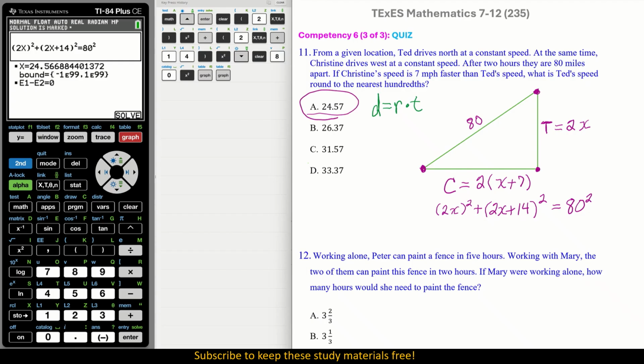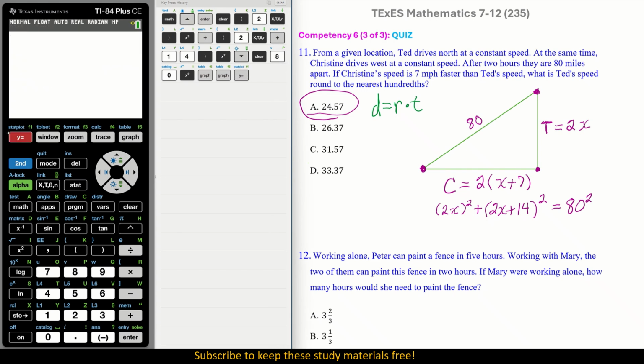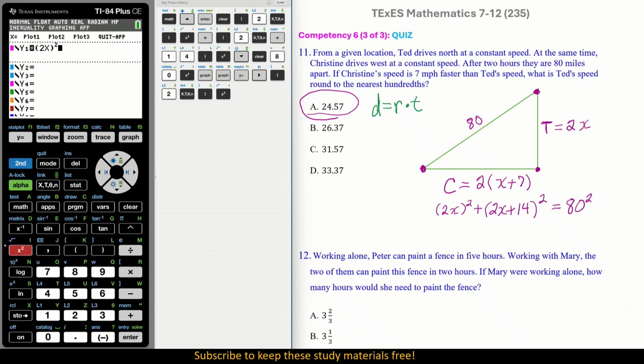Okay, now let's look at another way to do that. Let's go y equals and go over, and then parentheses, 2x, close it. We're just going to type in almost the same thing, okay? So now we have plus, close it, and 2x plus the 14, close, and square that.